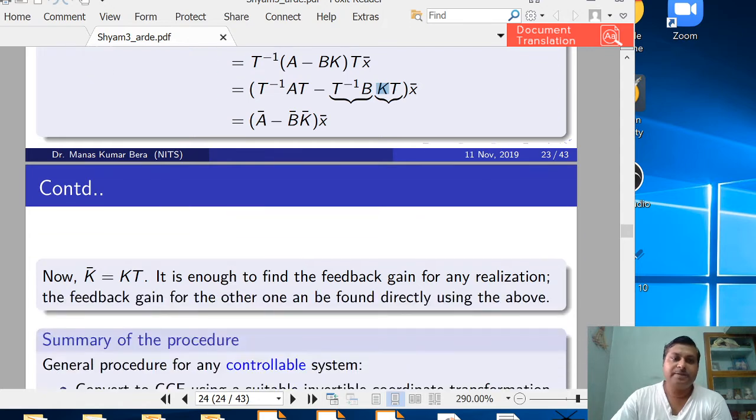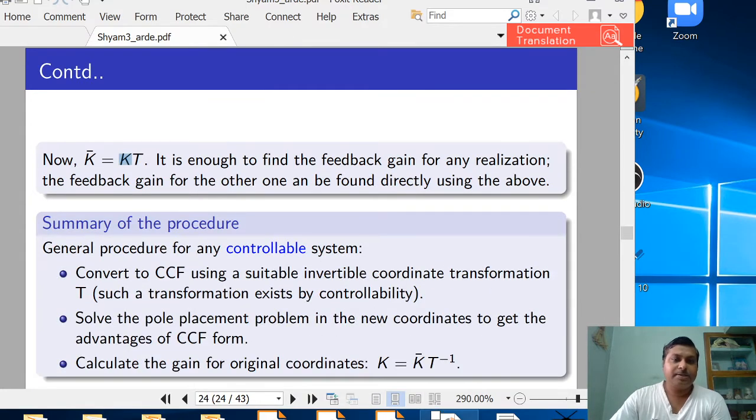The relation is very clear: K bar equal to K into T. That means we will calculate the gain matrix K bar in the transform domain, that is in controller canonical form, and then to find K we will multiply with T inverse. You see K equal to K bar into T inverse. When we give the example, at that time it will be clear.